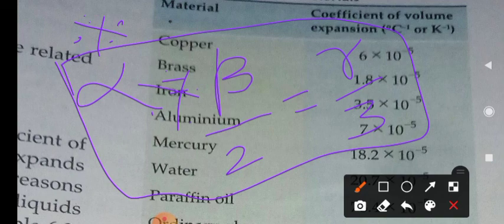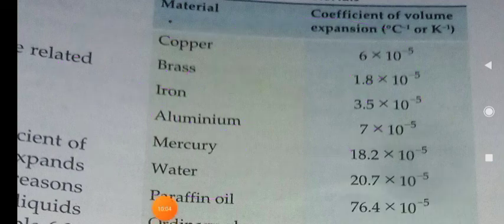So, the various uses of thermal expansion in our day-to-day life: in the railway tracks, small gaps are left in between the tracks. Why? Because they will expand during the summer days and contract during the winter days.